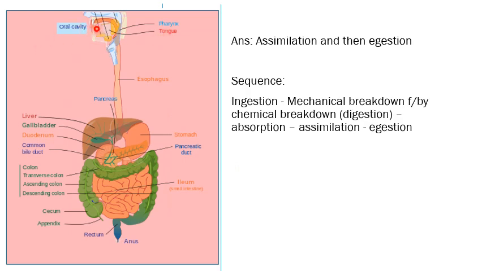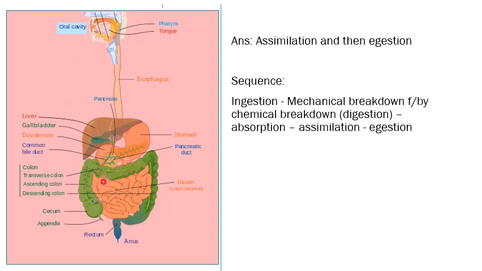we ingest or eat, mechanically we break it with the teeth, followed by salivary enzymes acting for chemical breakdown. Then chemical digestion continues in the stomach as well as through the pancreatic and liver secretions in the small intestine.